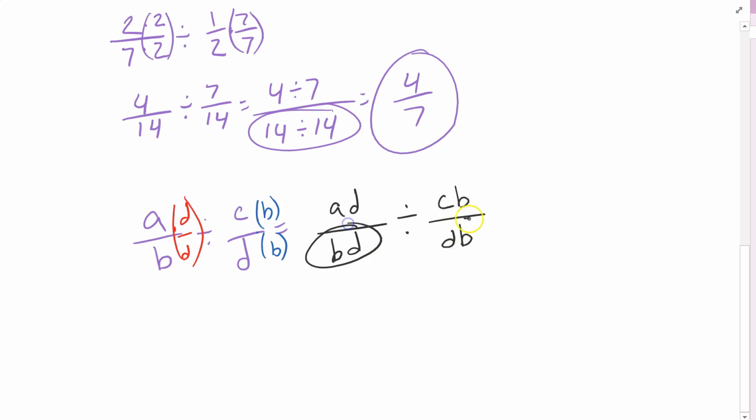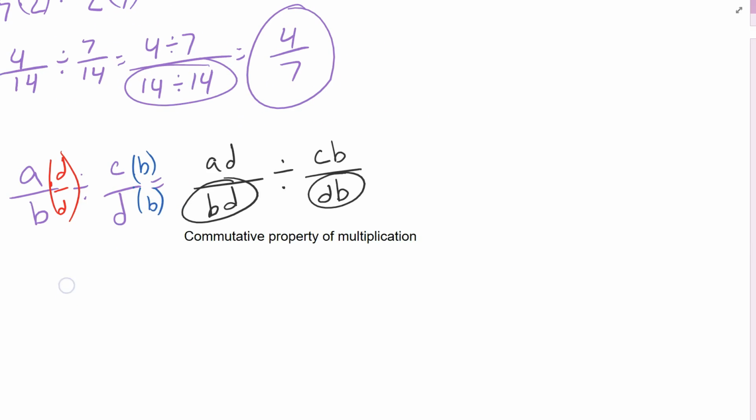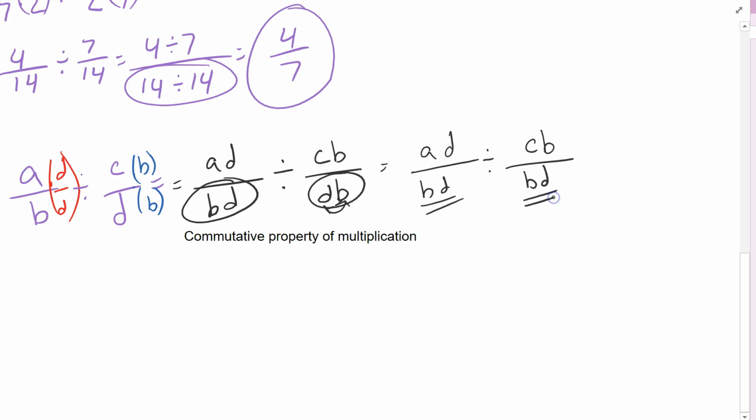So in this case, I can use the commutative property of multiplication to rewrite this in one more step as AD over BD divided by CB over BD. Just to be clear here that BD and DB is the same number.